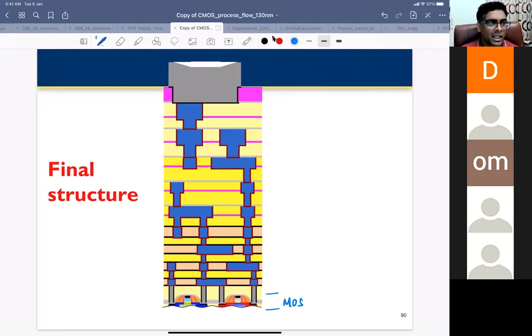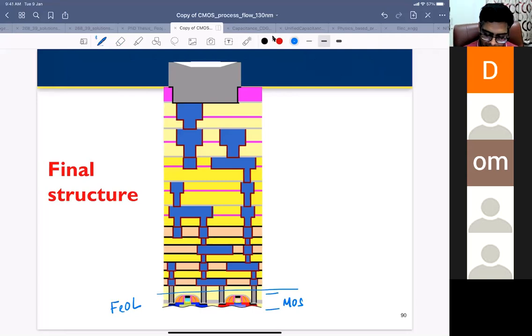The first floor, second floor, third floor, all the floors are metal lines. Here is your MOS transistor, and this is the front end of line processing. The other part is the back end of line, which is the metal stacks.